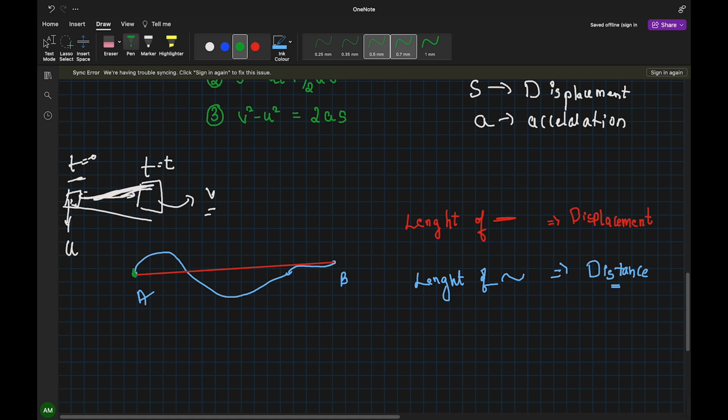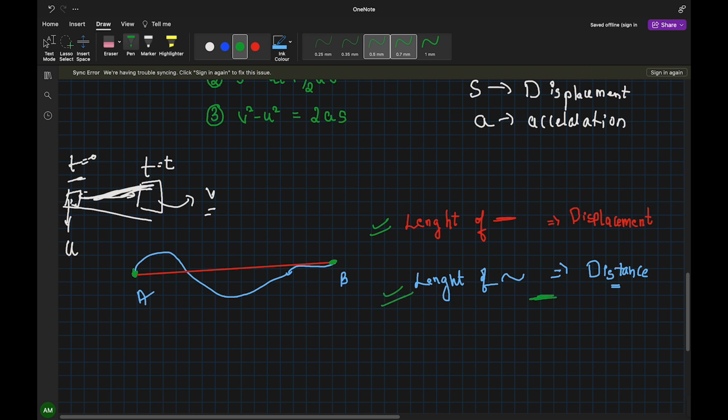Assume a person moves along the blue path. If you want to know the displacement, you'll stand and see that he started from here and ended over here. Now you will draw a straight line. That length is displacement. What is distance? You will measure the length of the blue path.